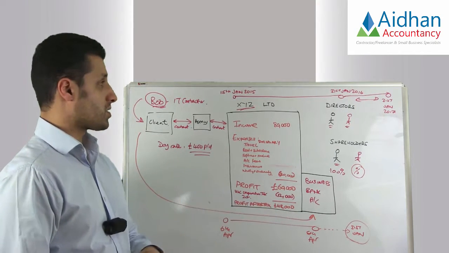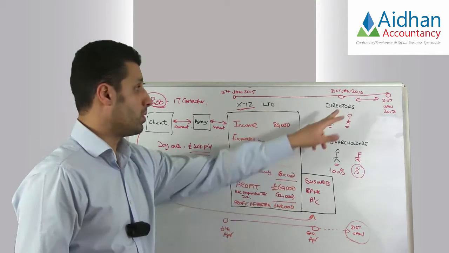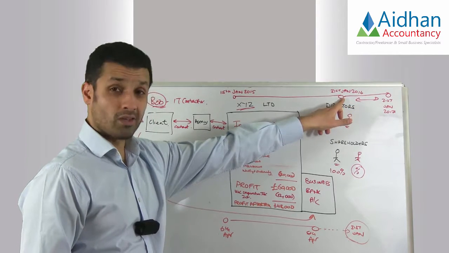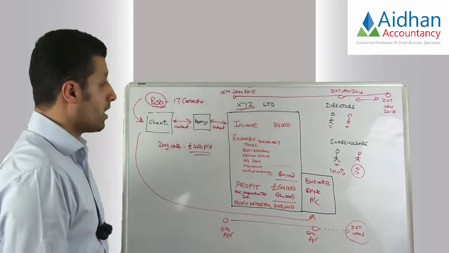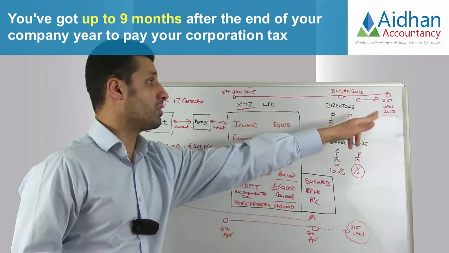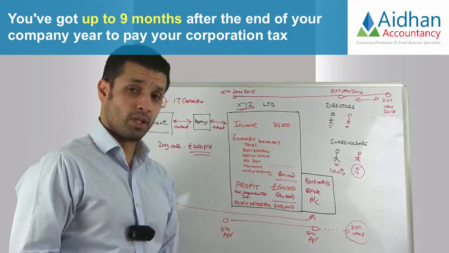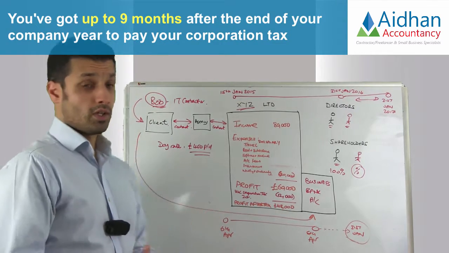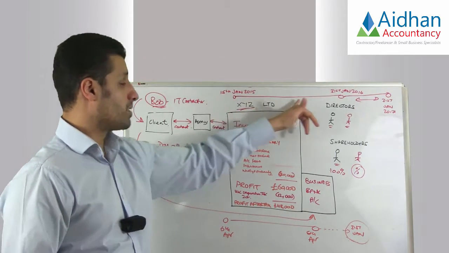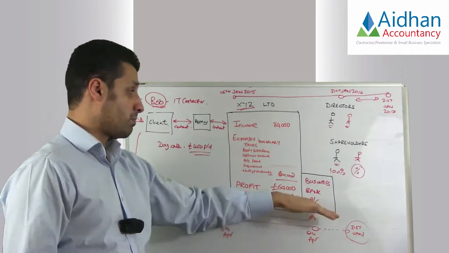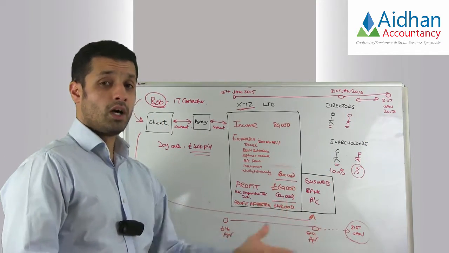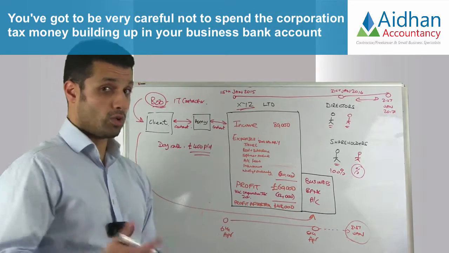The corporation tax, in this particular example, isn't going to be paid or payable until well after the 31st of Jan 2016, okay? And in fact, you've got up to 9 months after the end of your company year to pay your tax. So there's a very long delay between your trading period and actually getting the tax paid. So that amount of money will start building up in your business bank account. What you've got to be very careful of is that you're not spending it.